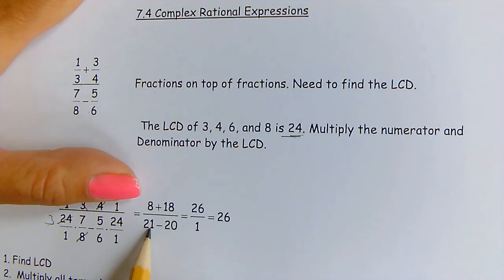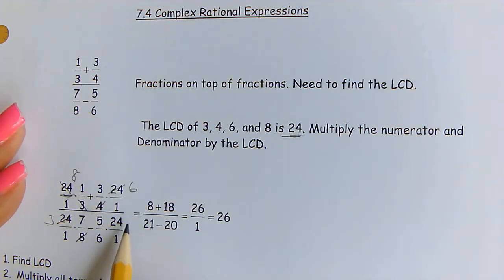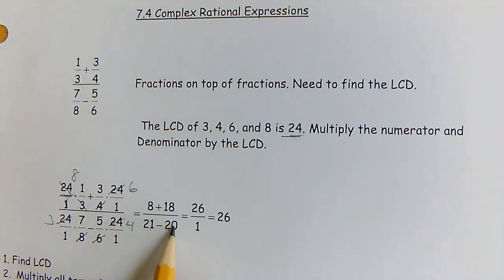So notice the denominators are dividing out. 24 divided by 6 is 4. 5 times 4 is 20. Now I add the tops, subtract the bottom, and it simplifies to just 26.